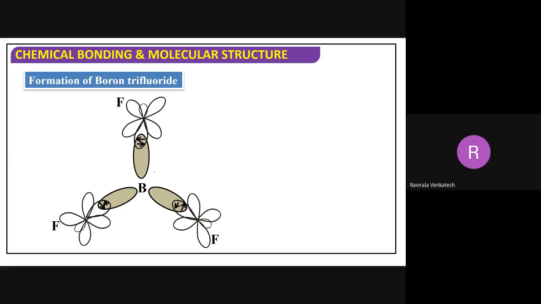Fluorine configuration: 2s2, 2p5. 2s2 is completely filled, so no overlapping. In 2p5, the pz orbital has the unpaired electron. This orbital will now overlap with the hybrid orbitals.